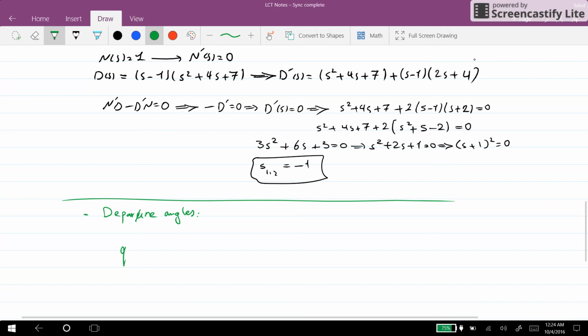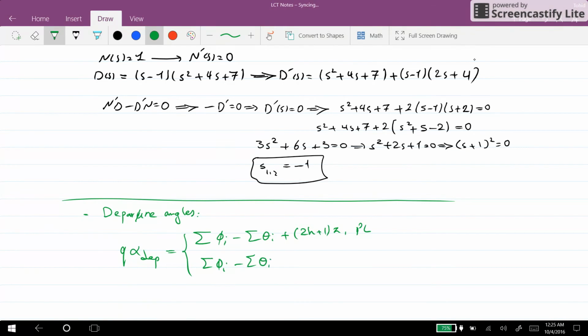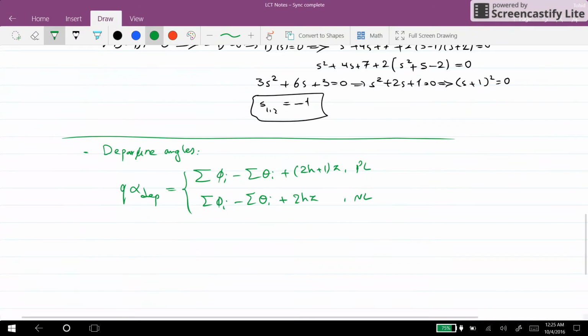We have q times alpha departure, where q is the multiplicity of the poles, and here we have only one, equal to the sum of phi i's minus the sum of theta i's plus (2h plus 1) times pi for the positive locus, and the sum of phi i's minus the sum of theta i's plus 2h pi for the negative locus.